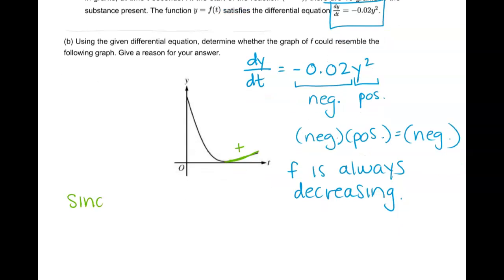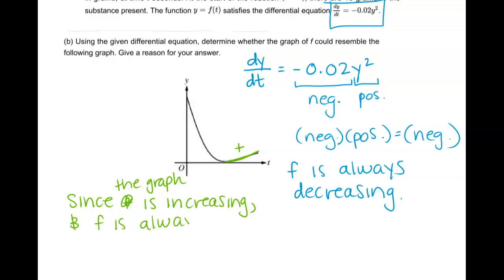So since the graph is increasing, and f is always decreasing, this cannot be a graph of f.